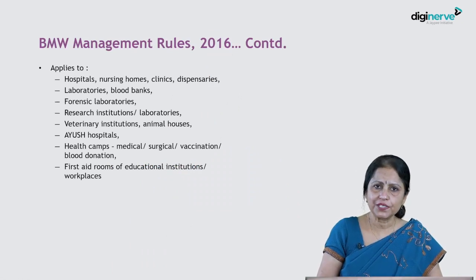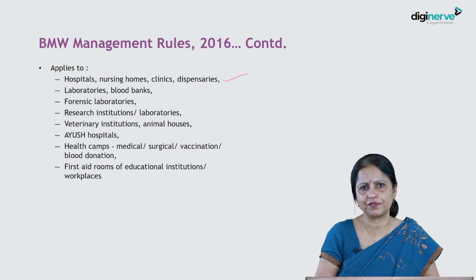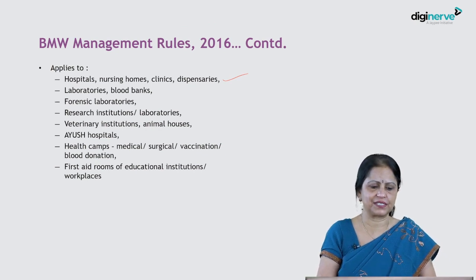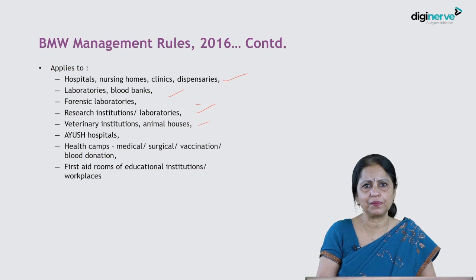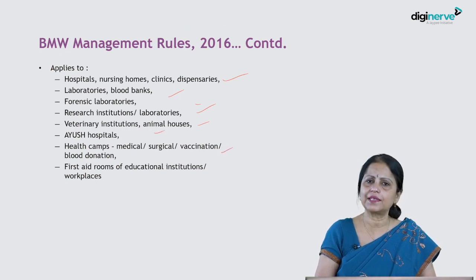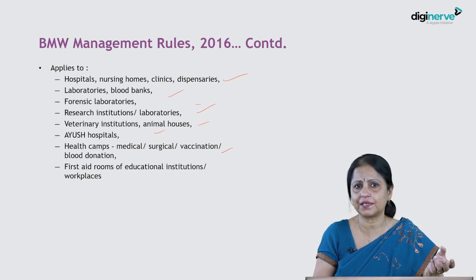So biomedical waste management rules apply to hospitals, nursing homes, clinics, dispensaries, that is healthcare facilities. Then laboratories, blood banks, forensic laboratory, research institutes, research laboratories, veterinary institutions, animal houses, even Ayush hospitals, and also to health camps. Health camps are outreach sessions that are held for providing healthcare services.